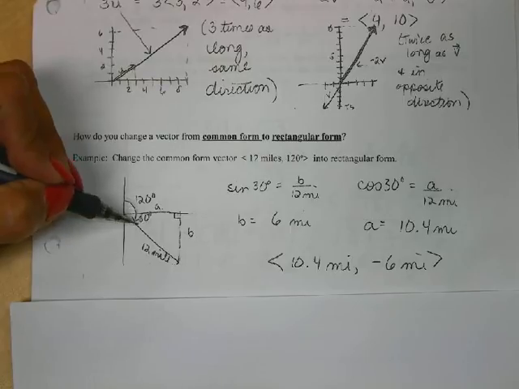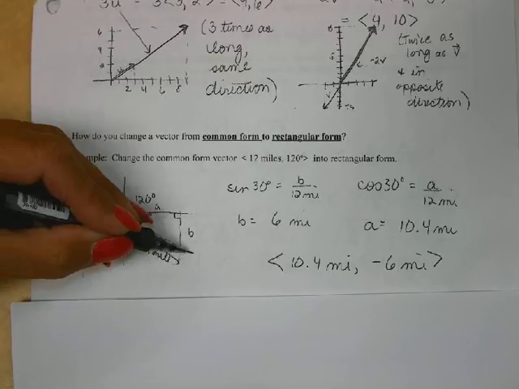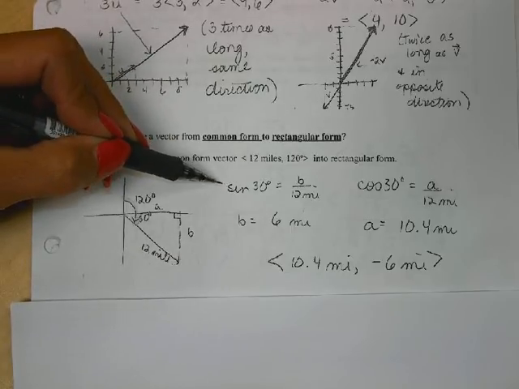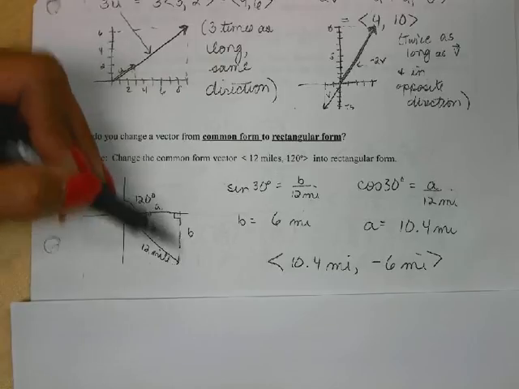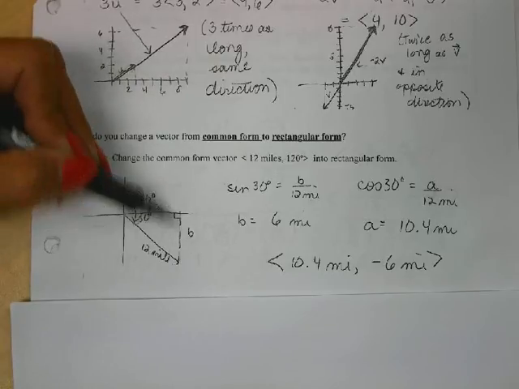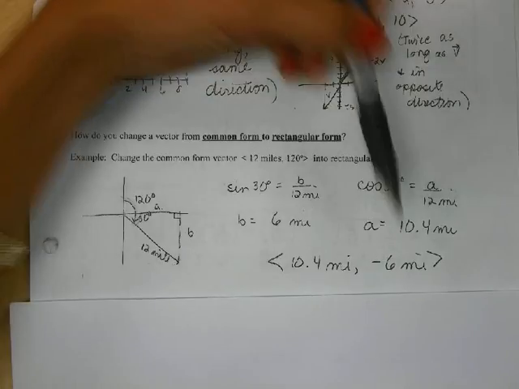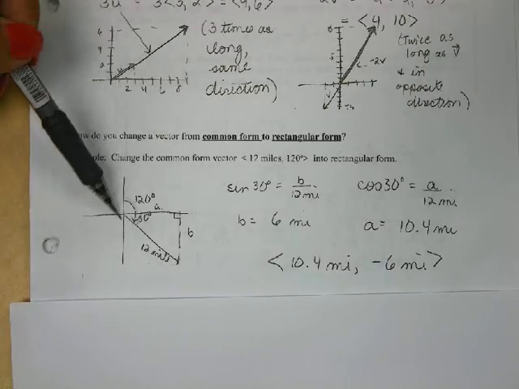So I can see that this little reference angle of my little right triangle in the fourth quadrant is going to end up having a 30-degree reference angle. And opposite over hypotenuse is the sine function. So I know utilizing sine, I can determine how long this is. Now again, because it's in the fourth quadrant, when I put it in rectangular form, I will add the negative here.